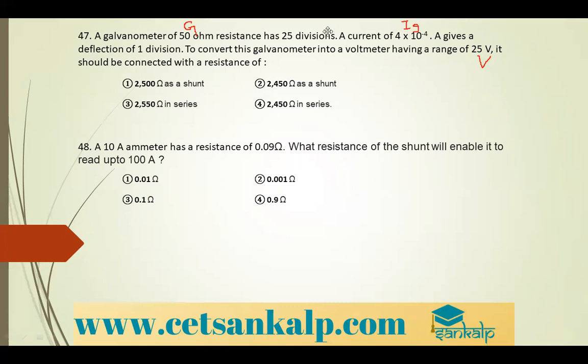We have the formula R is equal to V divided by Ig minus G. So V is 25 divided by 4 into 10 to the power minus 4, minus 50.